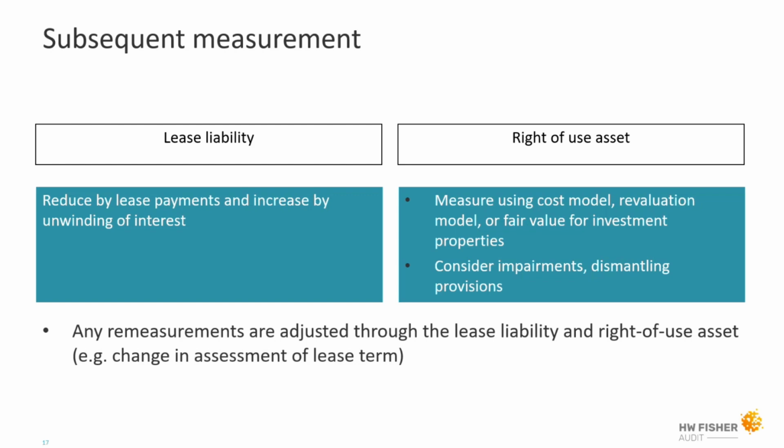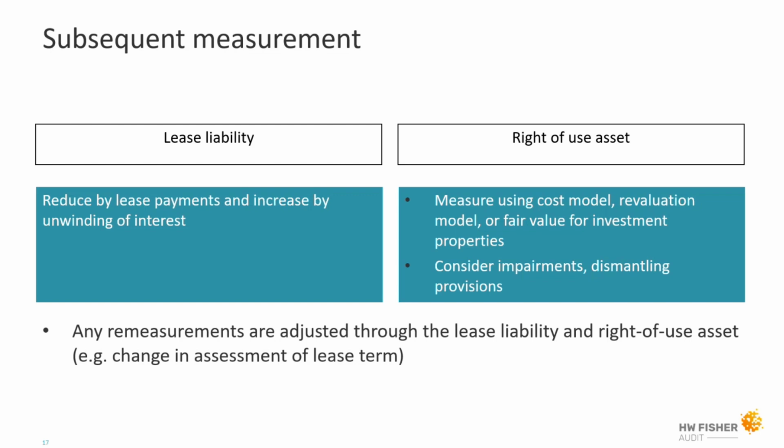So we bring those assets and that liability on. Your starting point is your fixed payments, and the net present value of those fixed payments is the liability. Your expectation is that the right of use asset will largely reflect that liability.